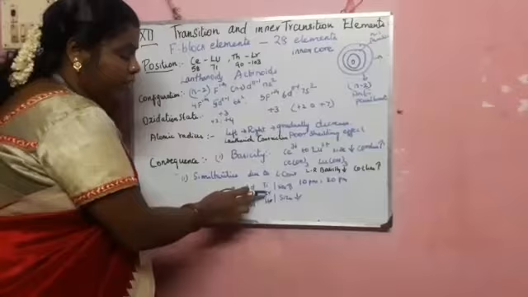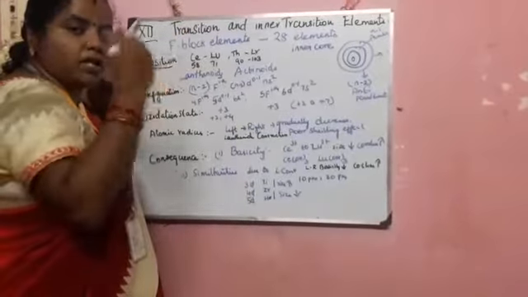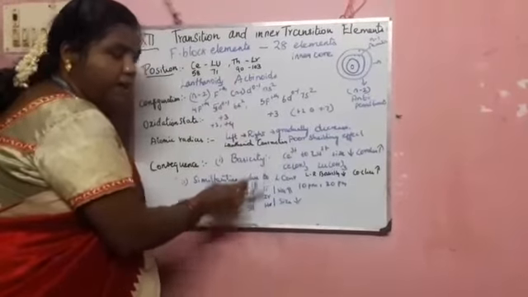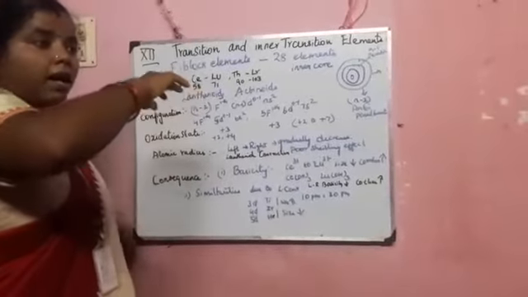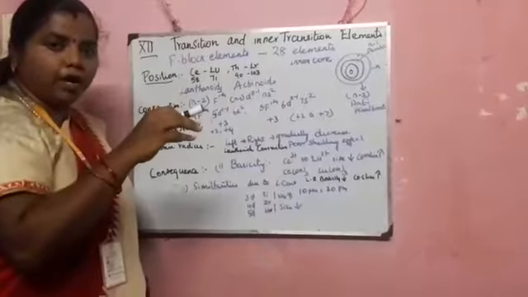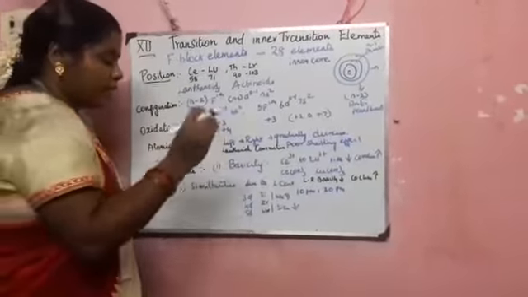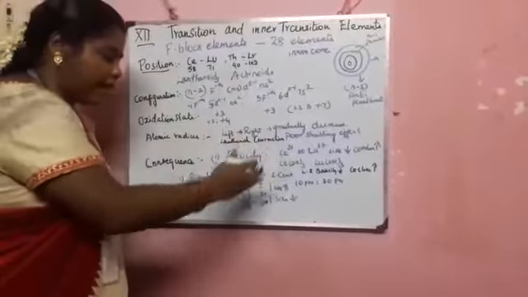Whenever you go from zirconium to hafnium, the size difference will be small because it comes after the F block elements. So the size difference between zirconium and hafnium is small because it is in the D block after the F block elements. Though it is a D block element, its character is similar to the F block elements. Okay, that is why the size difference is very small because of the lanthanide contraction.